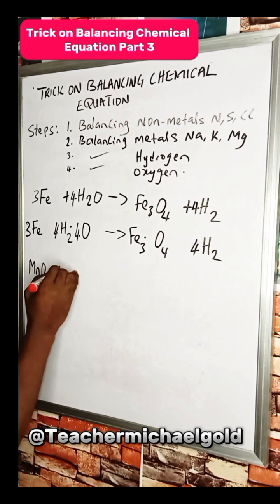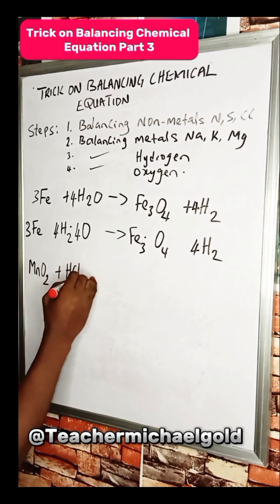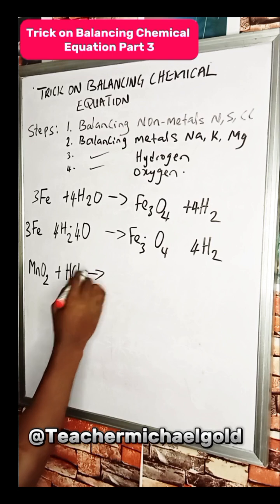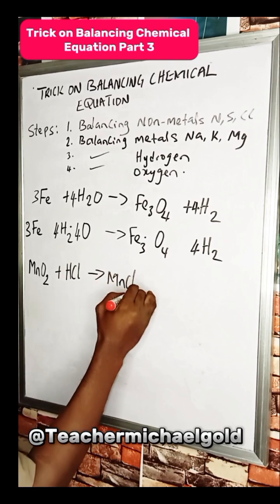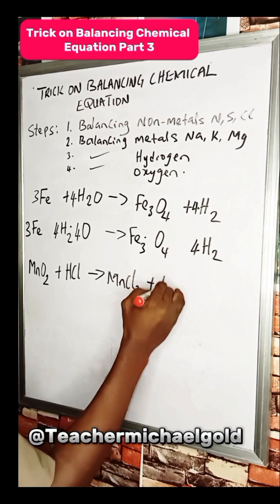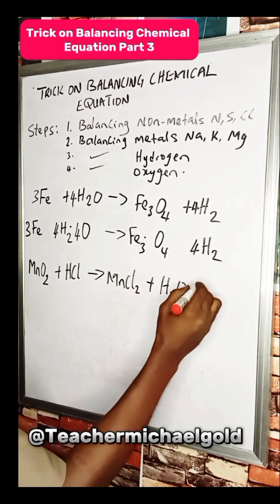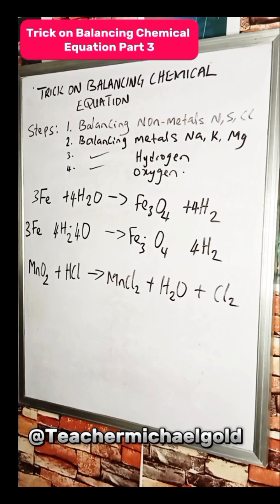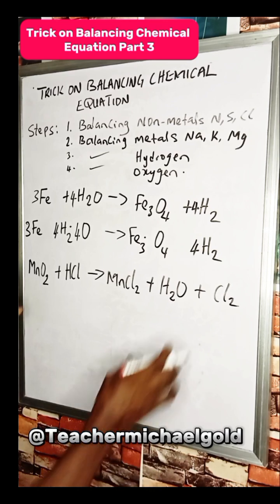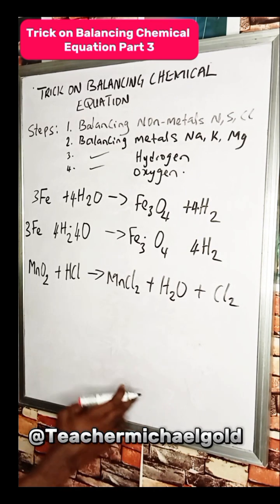MnO2 plus HCl giving you MnCl2 plus H2O plus Cl2. We proceed by splitting the equation down and balancing before you add it up.